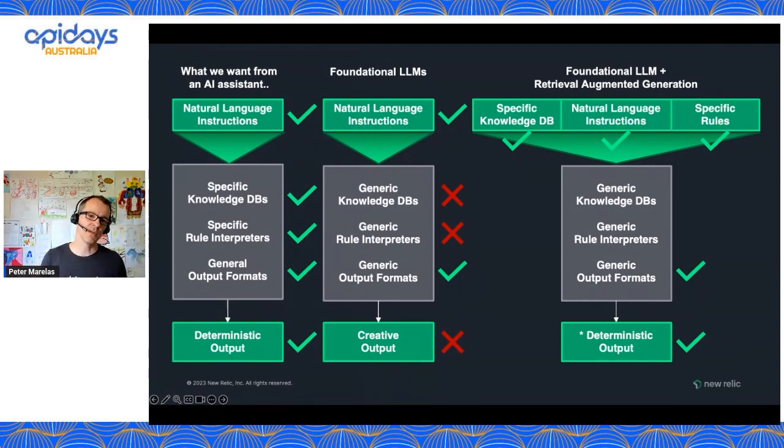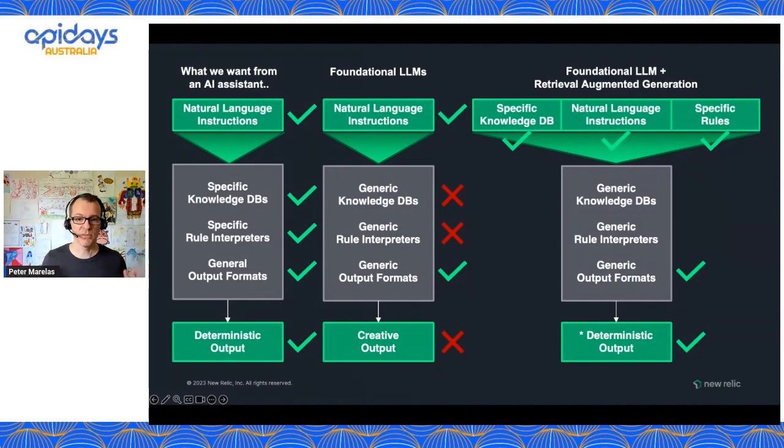And the way we do that is by putting the knowledge and the rules into the actual prompt. So when we do that, the prompt actually biases the model to specialize in your domain. And that's really important because it allows the model to produce relevant responses and more deterministic results.